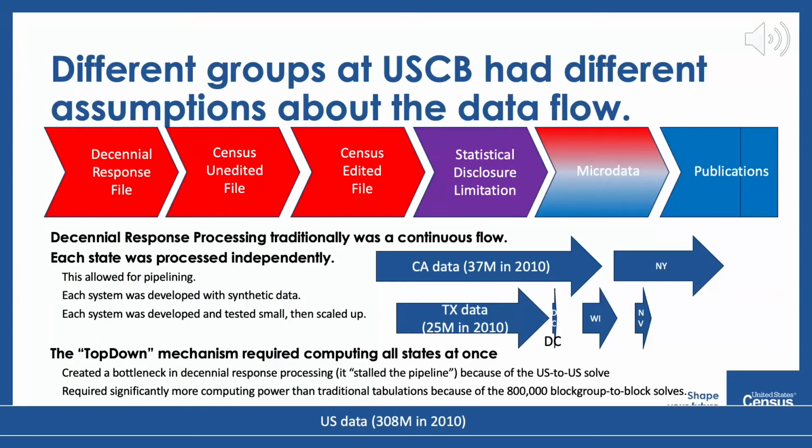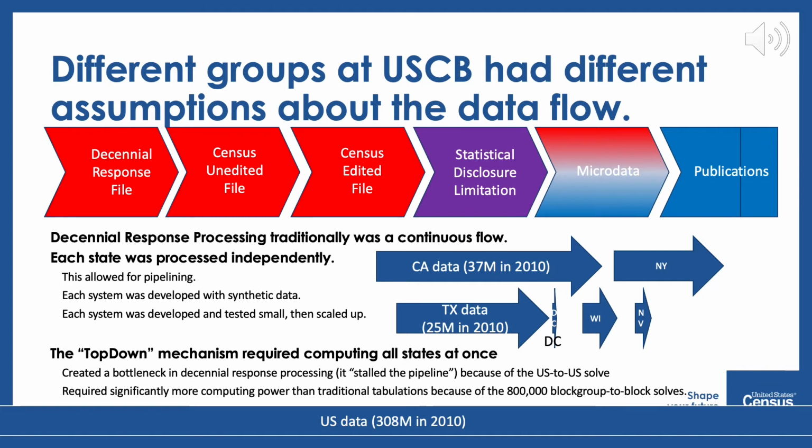One of our first big surprises was that different groups at the Census Bureau had different assumptions about what that would mean. Previously, every state was processed on a continuous flow basis, with the big states moving through and the small states moving through, all in their own way. But when we moved to differential privacy, the top-down mechanism that we designed required that all the states be computed upon at once.